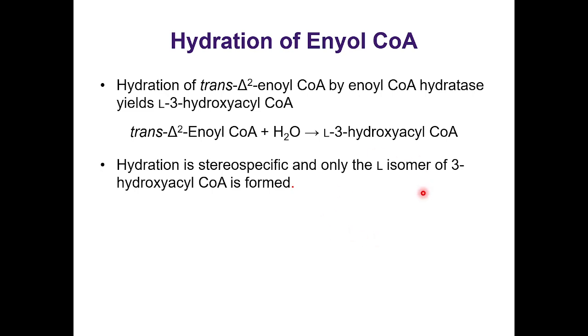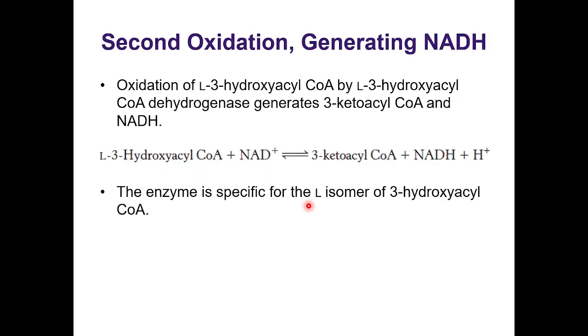This is why you only get the L isomer of the 3-hydroxyacyl-CoA, and that's why that's formed. Remember that basically because of amino acids being almost all having chirality, enzymes basically all have chirality, and so the reactions that they function on essentially all have chirality, okay? It transfers down and through, right?